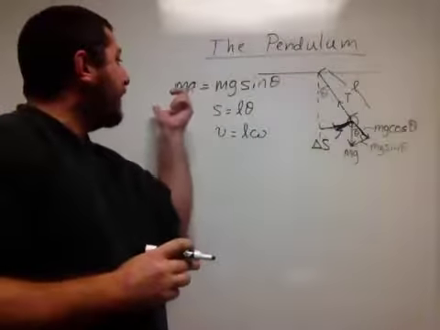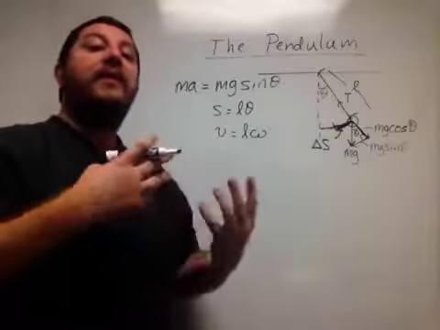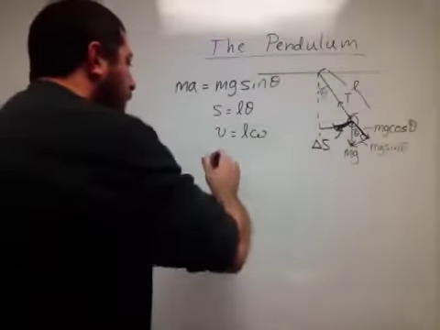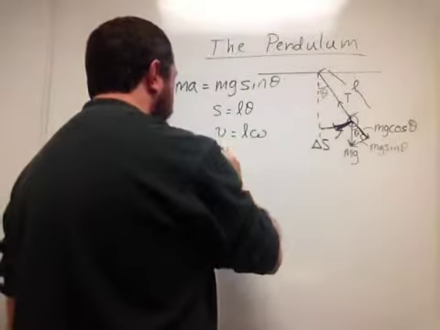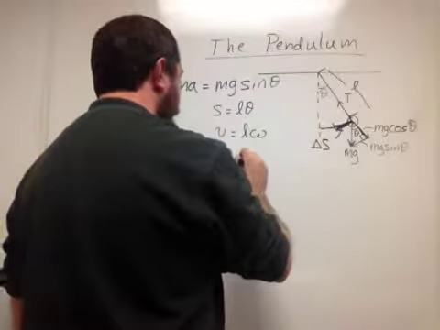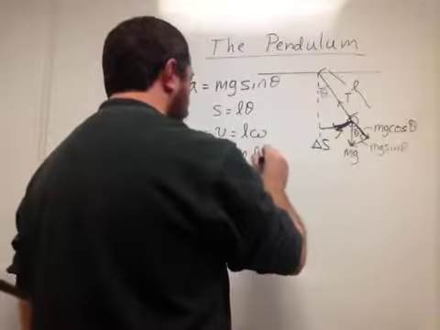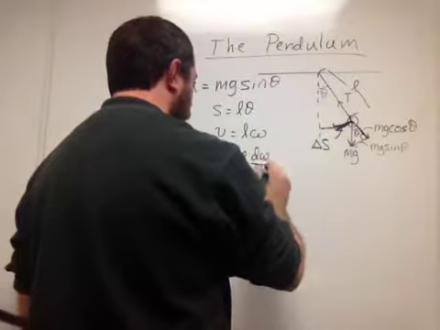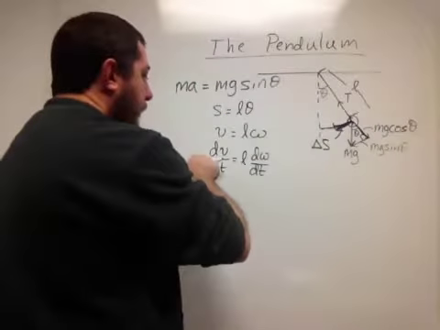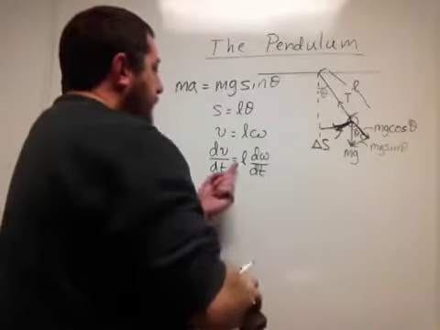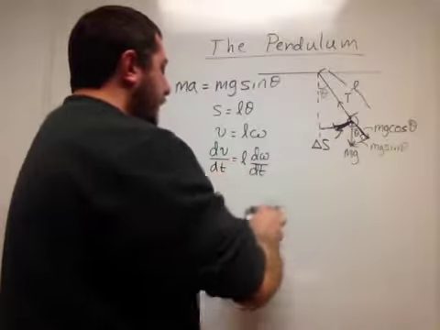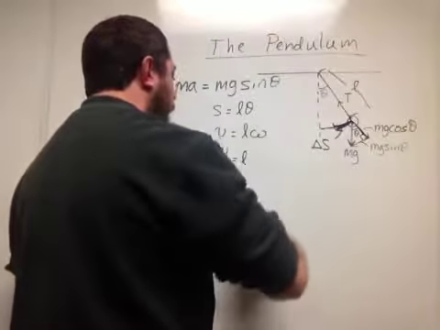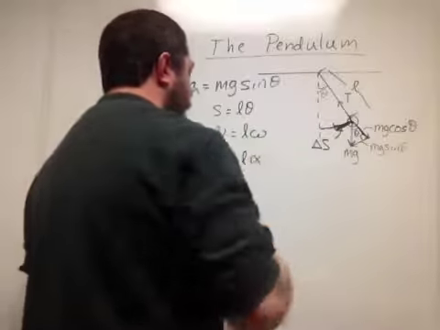And we have acceleration here, so I actually want to differentiate this again. So if I differentiate it again, I'm going to get dv/dt is equal to L times d omega/dt, and that is equal to the angular acceleration. Okay?